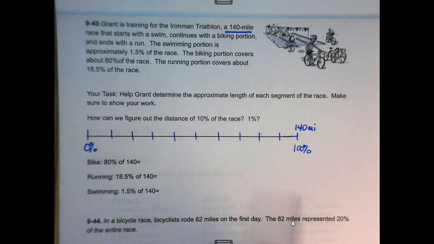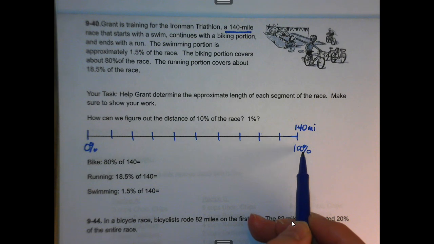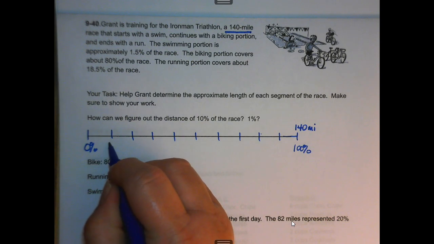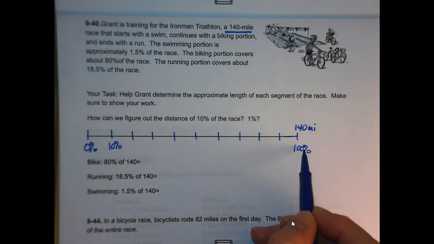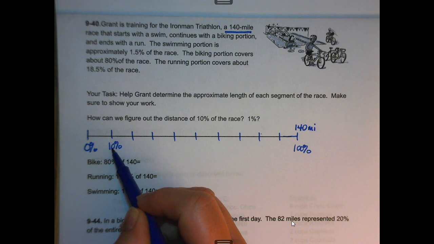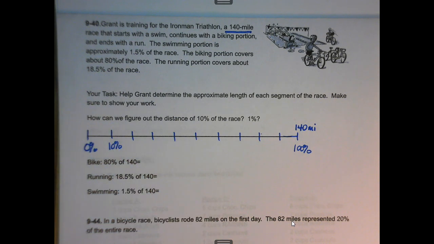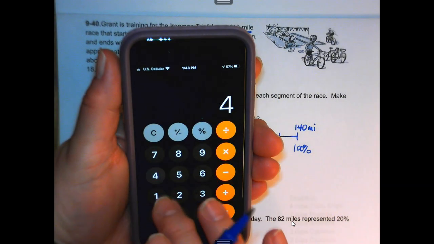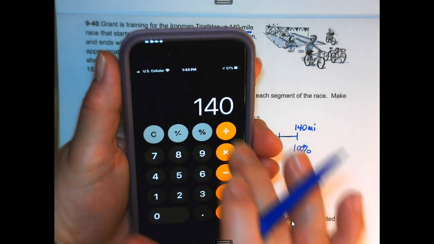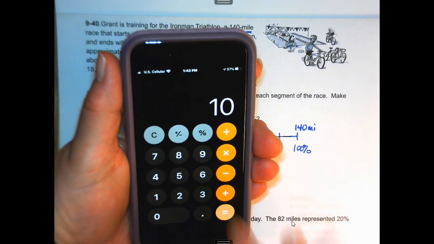To figure out the rest of my percent ruler, I always like to try to get back to 10%. So we're going to go down to 10%. I know that if I do 100 divided by 10, I get 10%. So I'm going to do the same thing to the top number, and that top number is 140, divided by 10.